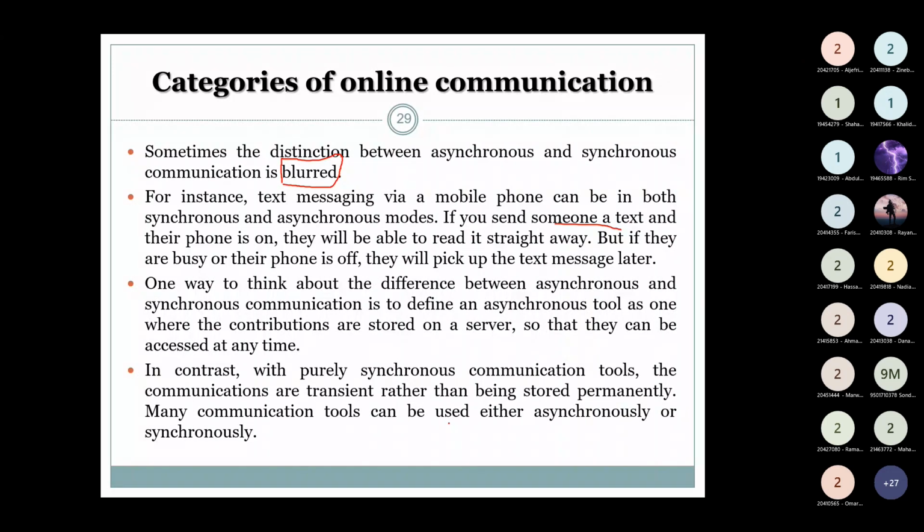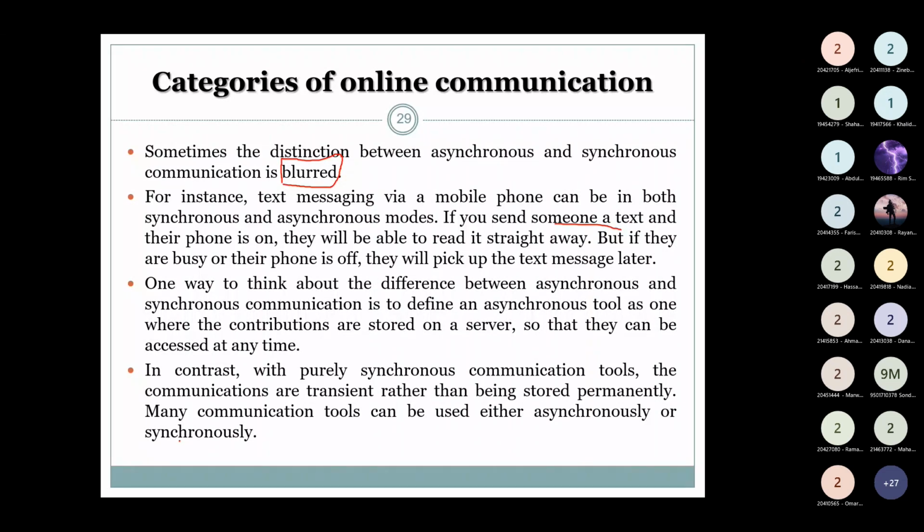Imagine we have a meeting face to face, and one of you cannot attend. This communication cannot be recorded, and he cannot attend asynchronously. So this is a type of communication that cannot be asynchronous. It is 100% synchronous.